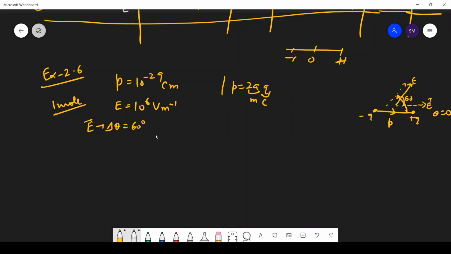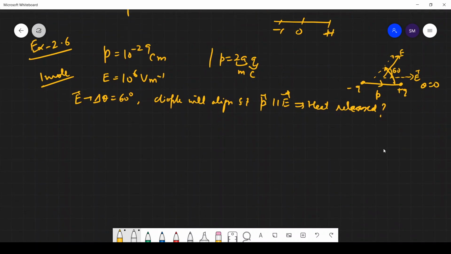So estimate the heat release. For simplicity, we are assuming 100% polarization of the sample. So all the sample is polarized. Now, we have to find the heat released during this. So dipoles will align such that P is parallel to E. So there will be heat release in this process, and you need to tell how much heat is released in doing this.